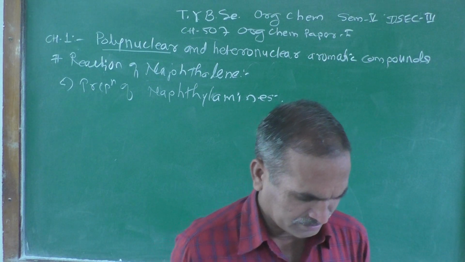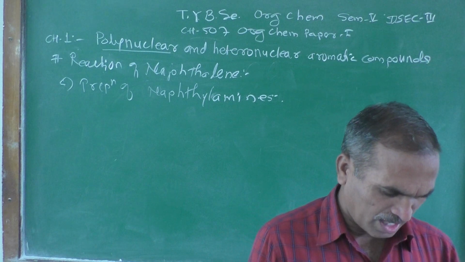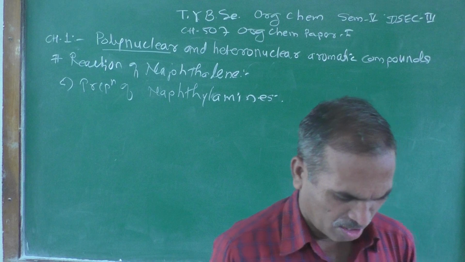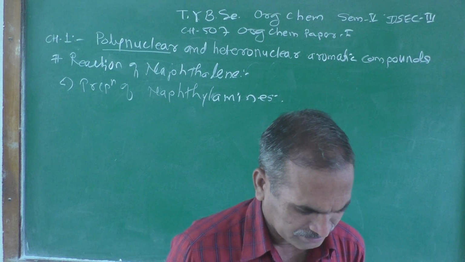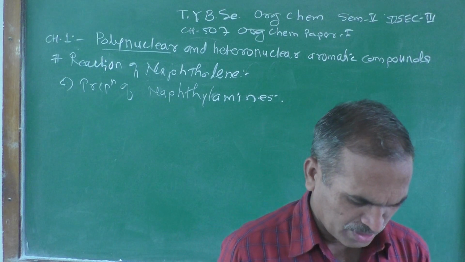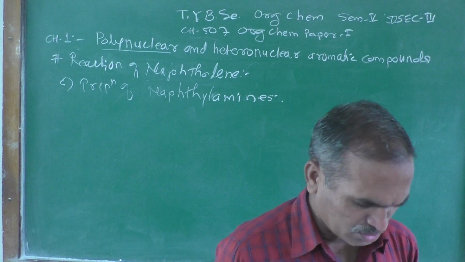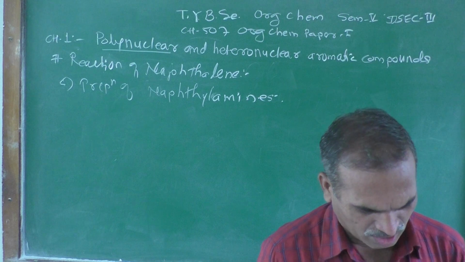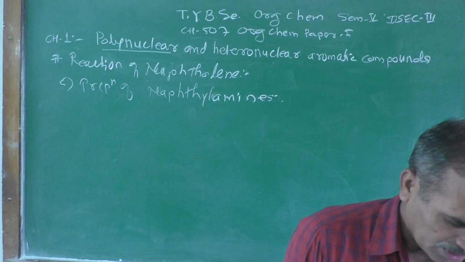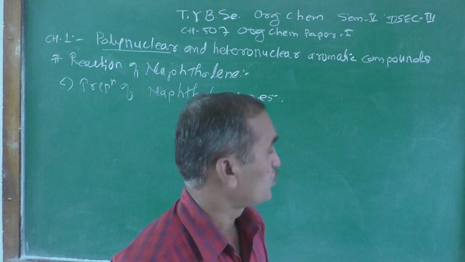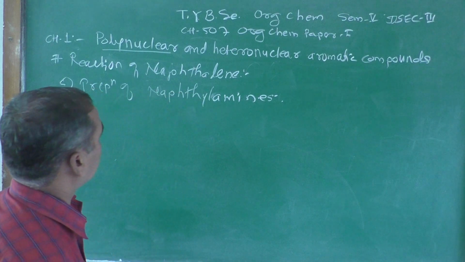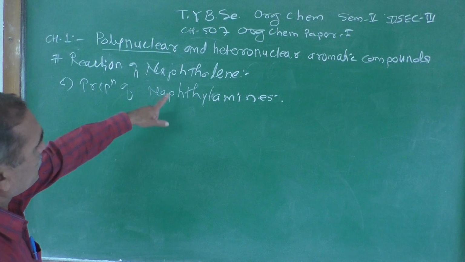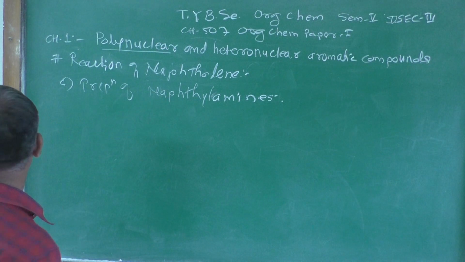Here alpha naphthylamine is industrially prepared by reduction of alpha nitronaphthalene, and it is also prepared by direct amination of alpha naphthol. So there are two starting materials we can take for the preparation of naphthylamines.